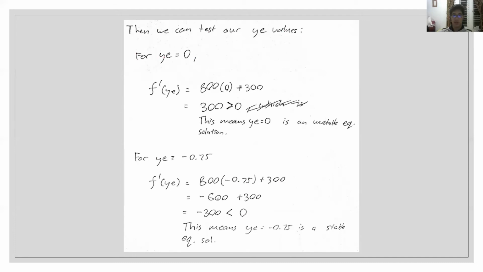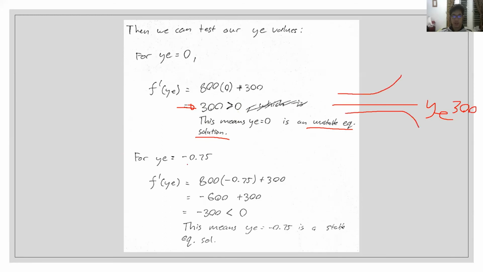For the ye value of 0, we input it in and get 300, which is larger than 0. This means ye equals 0 is an unstable solution. Therefore, in the long run, it will go away from it.